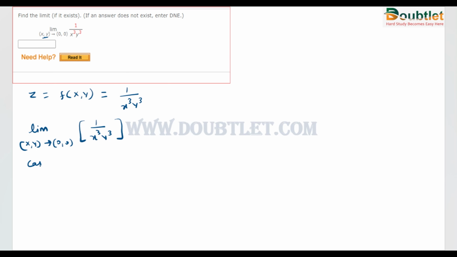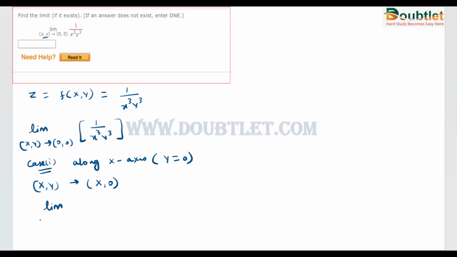In the first case, we will move along the x axis. We know that for the x axis we will put y is equal to 0. So if we put x comma y tending to 0 comma 0, basically we put x as x and y is equal to 0.